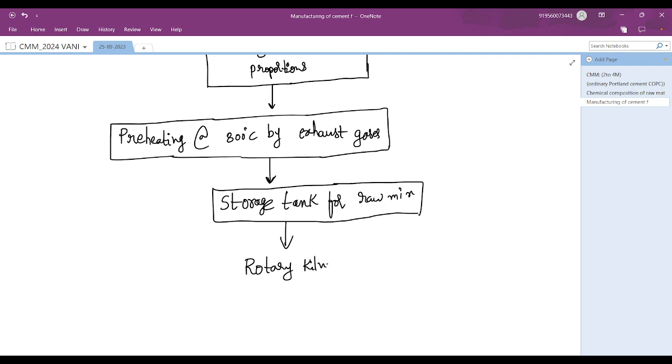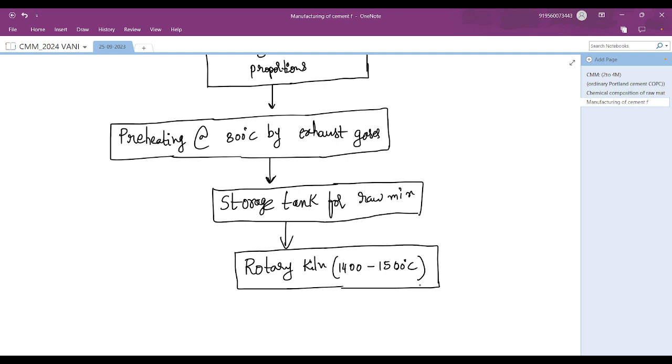In the rotary kiln, the temperature is maintained around 1400 to 1500 degrees centigrade. Now you see, in this case, the temperature is less by 100 to 200 degrees centigrade because of the dry mix. Hence, the kilns required in the dry process are less in height.